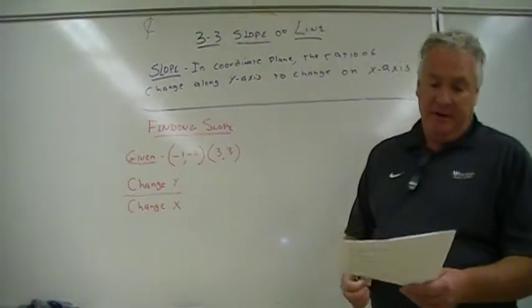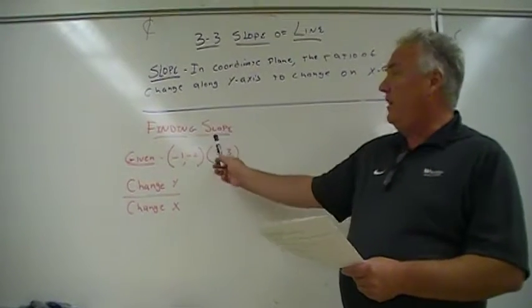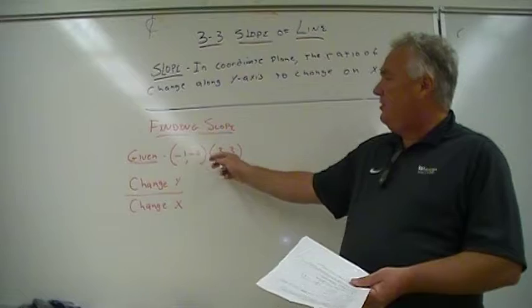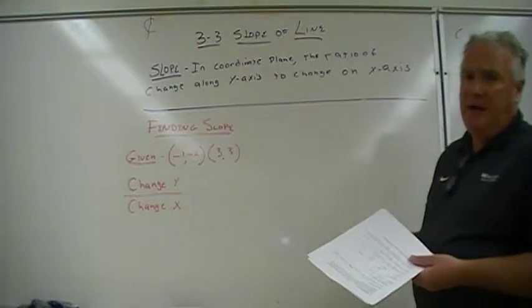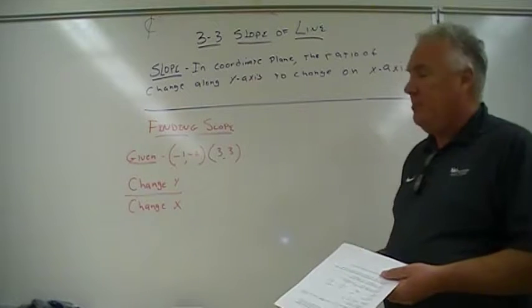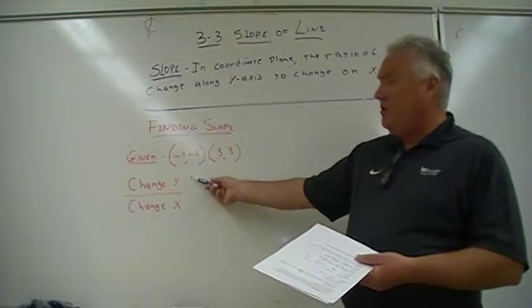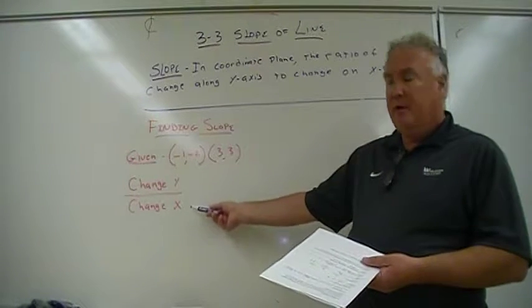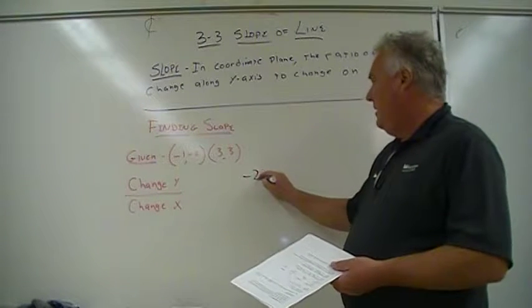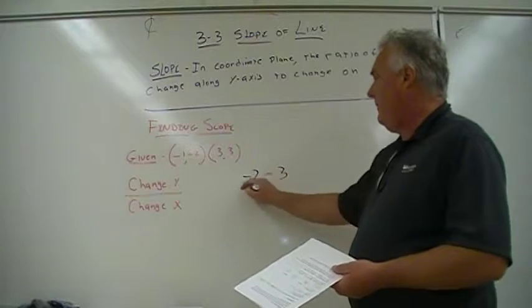So, here is the next part when it says finding slope of a line. Here's a teaching problem. If you've been given these 2 points, -1, -2, and 3, 3, what's the slope of the line that's gone through those points? Remember, what you want to make sure you know is change in y over change in x. So our change in y's would be -2 minus 3.